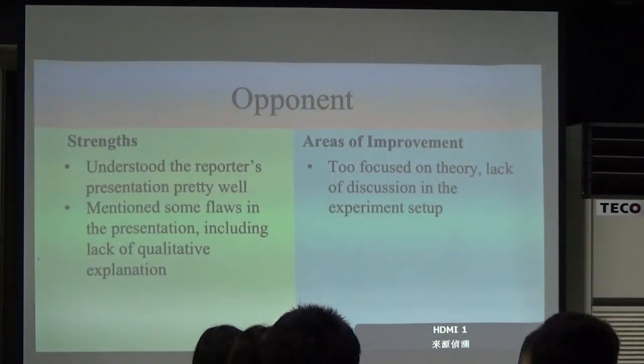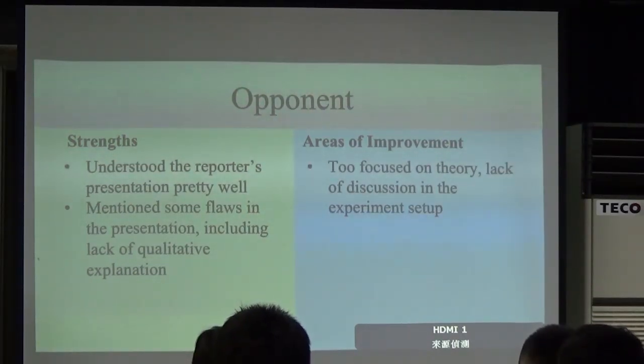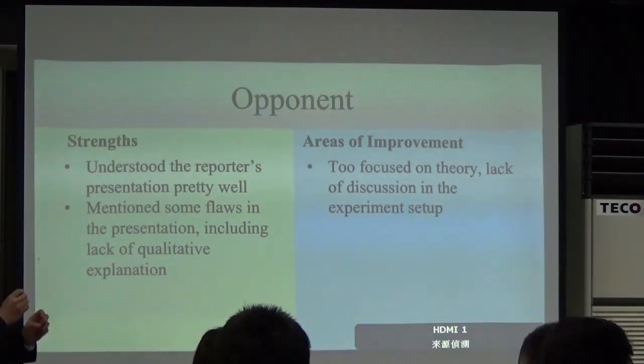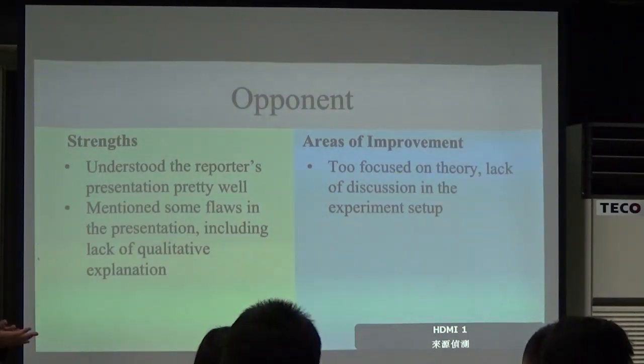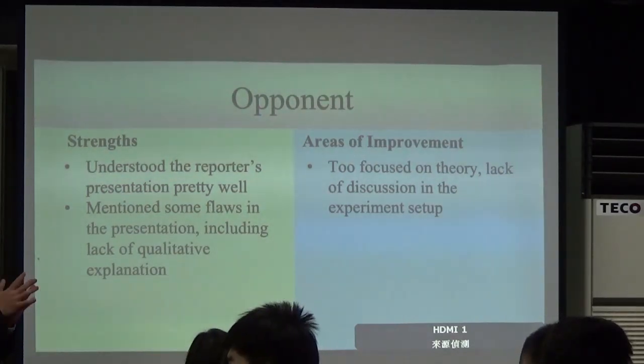As for the opponent, he has understood the reporter's presentation to a certain level, and he also mentioned some flaws during the reporter's presentation, including the lack of qualitative explanation. However, he also has some areas of improvement. I think he focused too much on the reporter's theory, and he lacks discussion of the experimental setup.